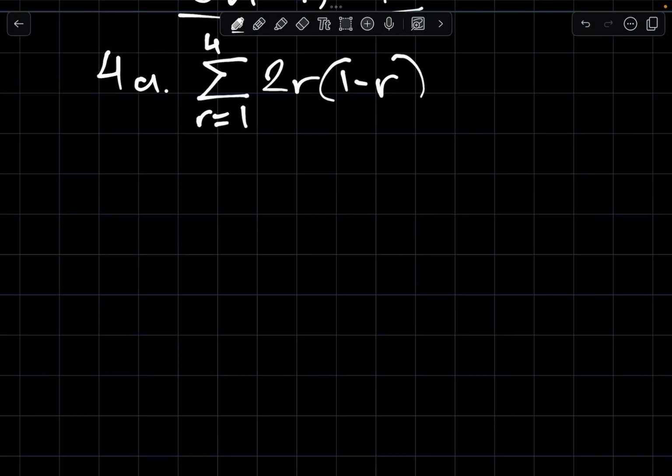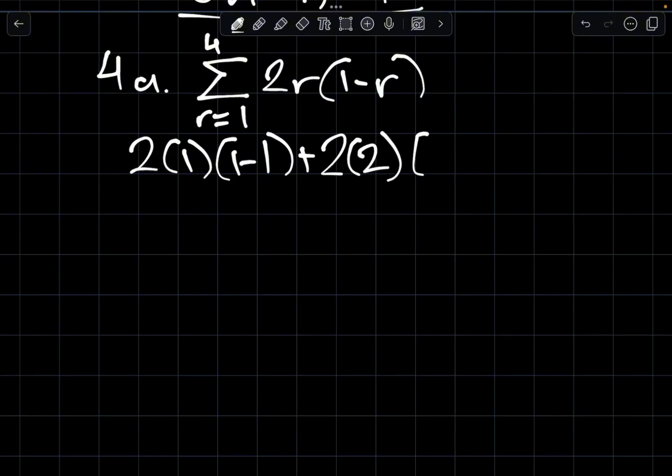Unfortunately, there's no easy way to do this except for just plugging in r equals 1 and then adding that to r equals 2. So by doing this, we have 2(1)(1 minus 1) plus 2(2)(1 minus 2), and so on.